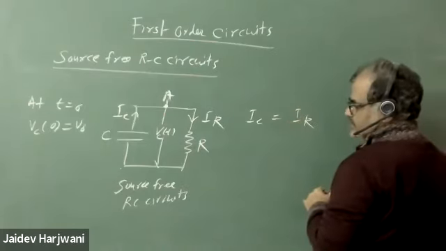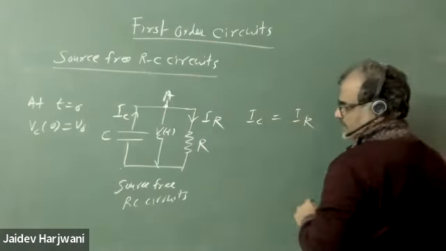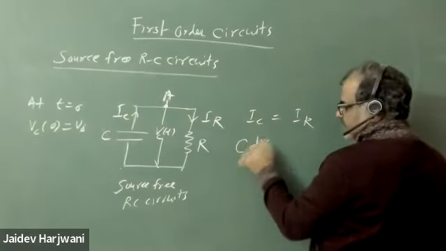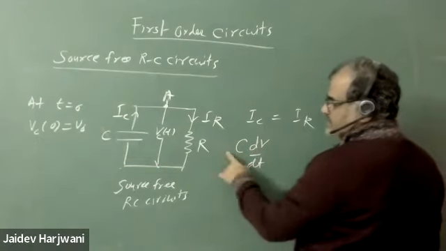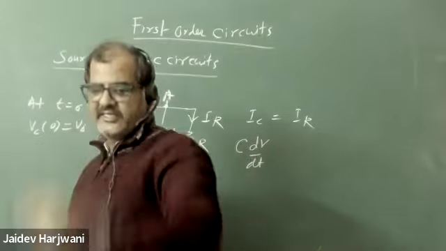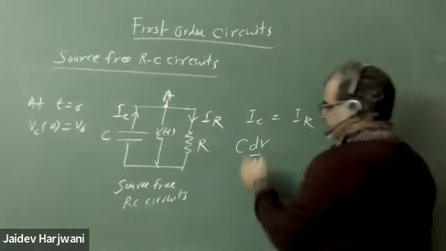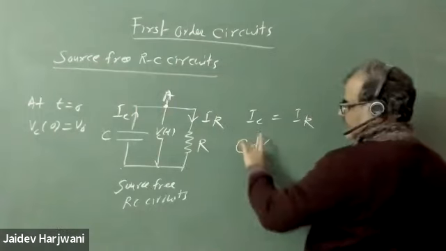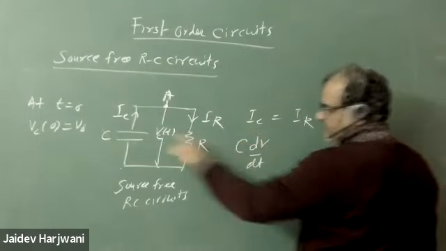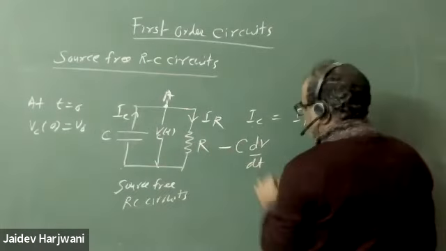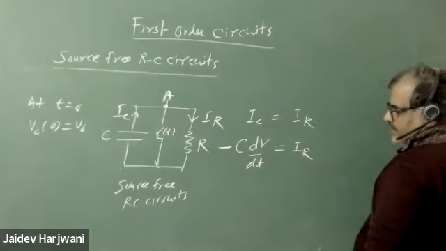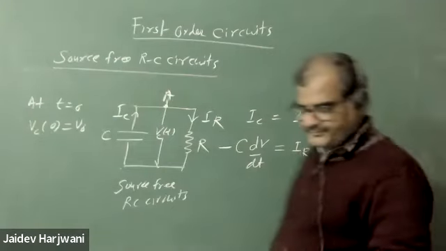IC is the current through the capacitor, given by C dV/dt. Since this is a discharging current, the voltage is decreasing, so initial voltage is high and final voltage is low. So I need to put a minus sign here. This becomes my IR.